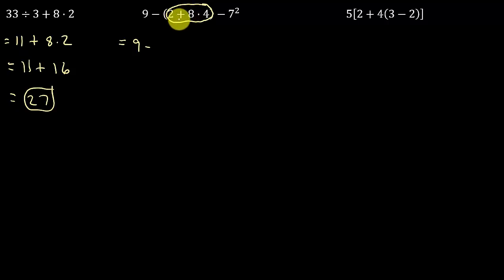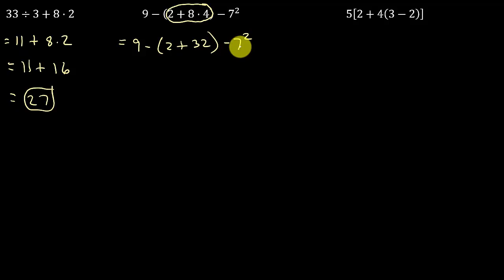All right. So I've got 2 plus 8 times 4. Well, I've got to do this multiplication before I do the addition. Okay. So that's going to be 2 plus, and then 8 times 4. That gives me 32 minus 7 squared. Now look, I could have squared the 7, but I didn't.